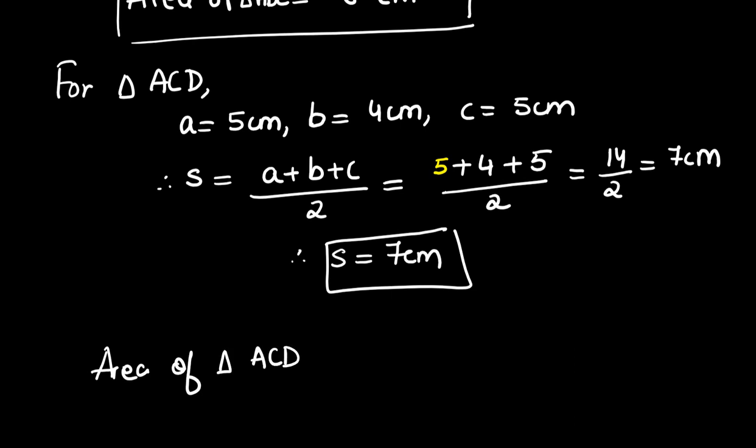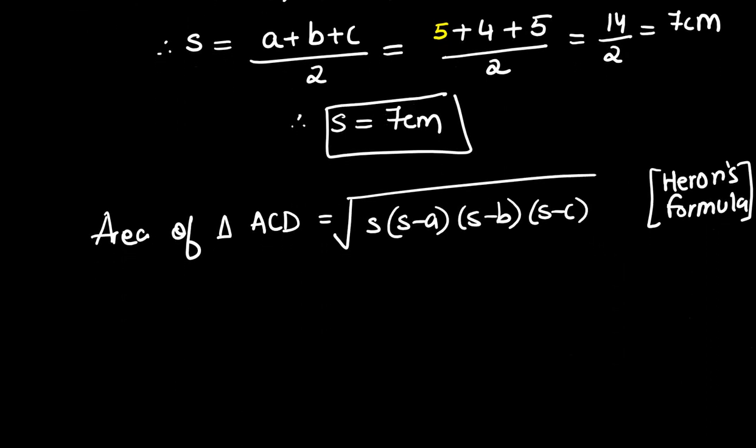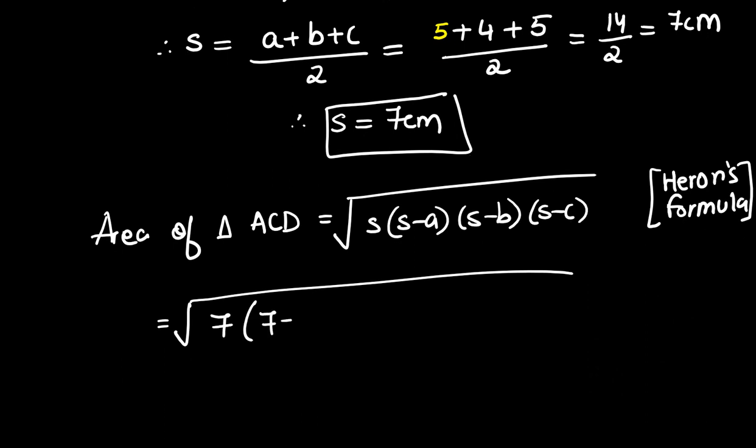Now applying Heron's formula, area of triangle ACD equals under root of S minus A, S minus B and S minus C, equals 7 minus 5, 7 minus 4 and 7 minus 5.